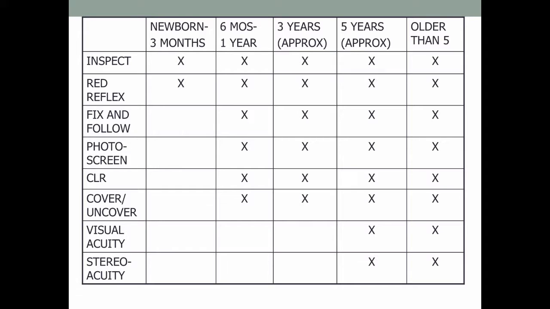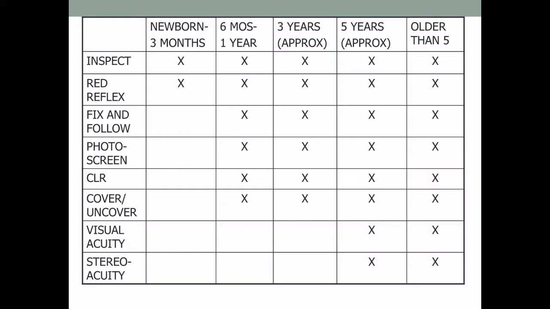So you're going to inspect at all ages. You're going to assess the red reflex at all ages. You're going to expect the child to be able to fix and follow on your light or your toy from 6 months on. You're going to do some photo screening with 6 months and above.